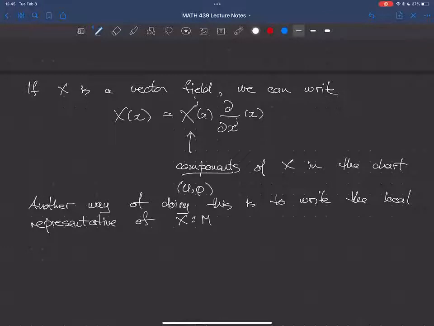So it's a mapping from M to TM, okay? And I have a chart for M, which is U, phi, all right? And I have a chart for TM, which is TU, T phi, all right? And so it makes sense then to say, what is the local representative of X with respect to these two charts? Okay, and it's determined by these components that we just wrote up here.